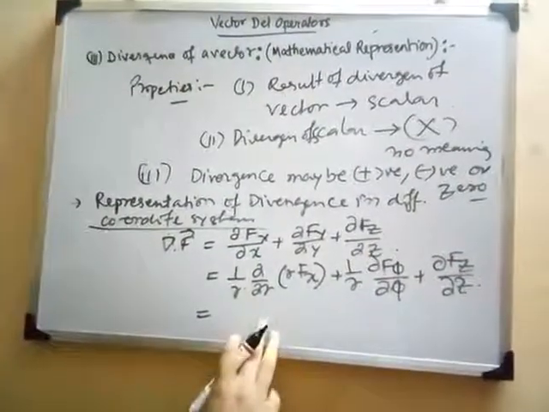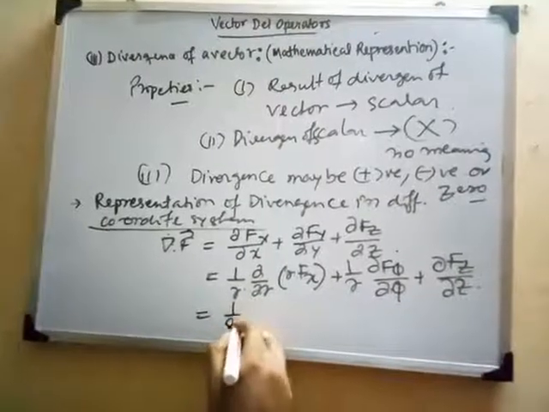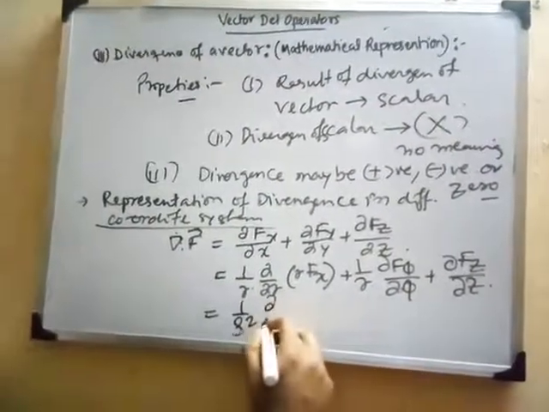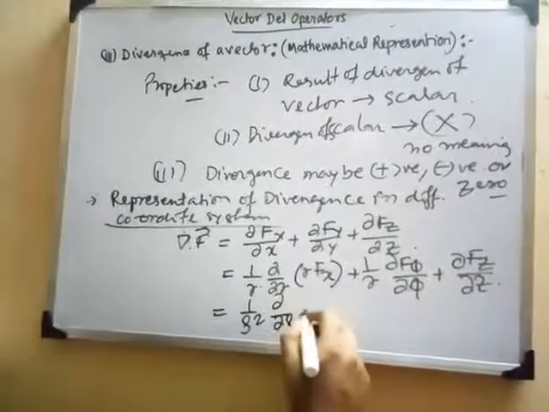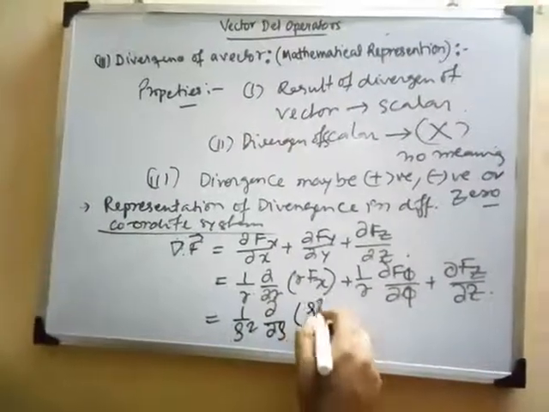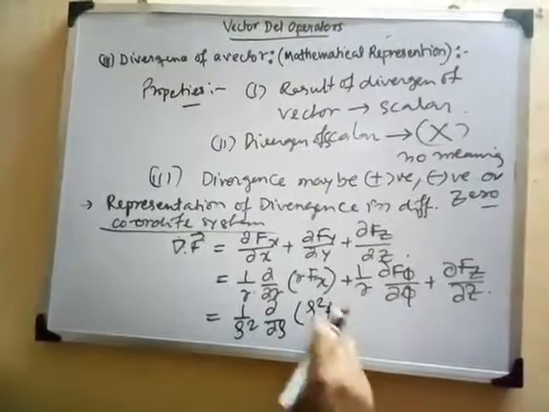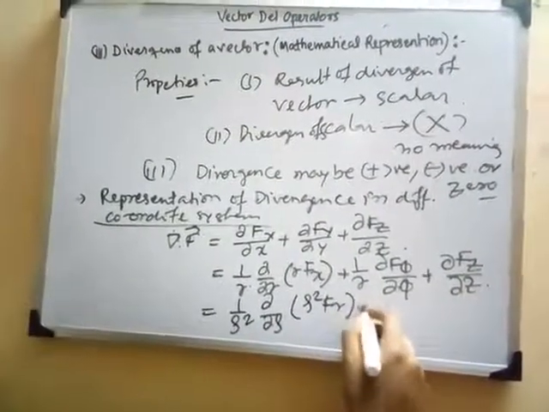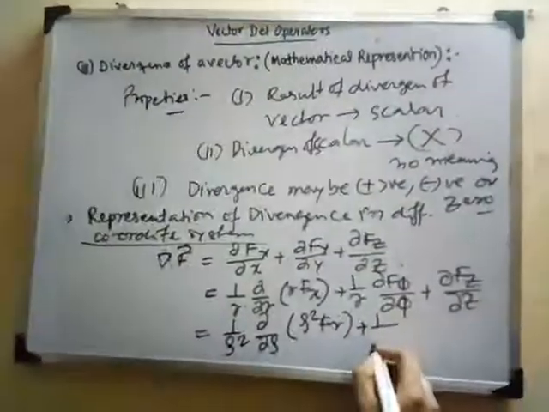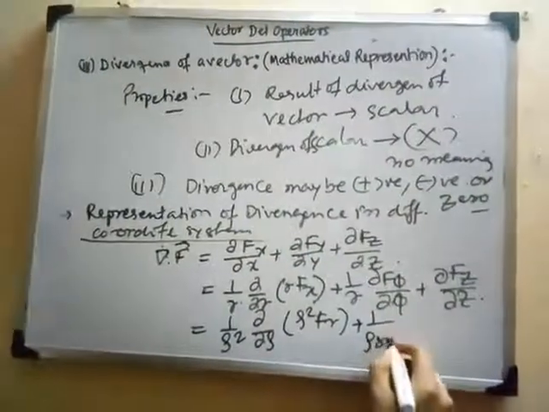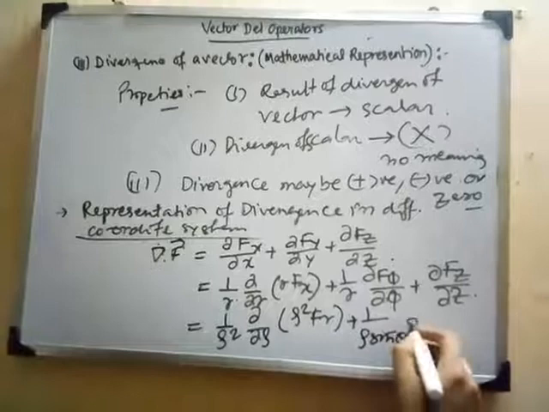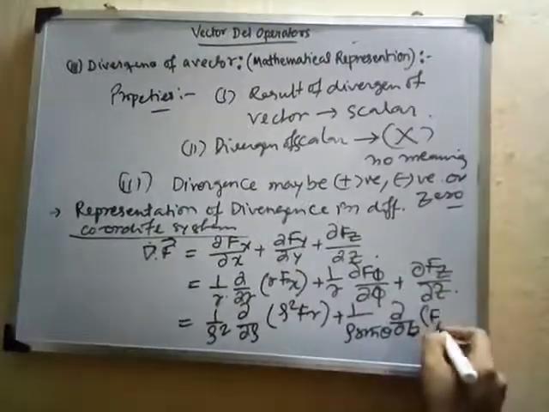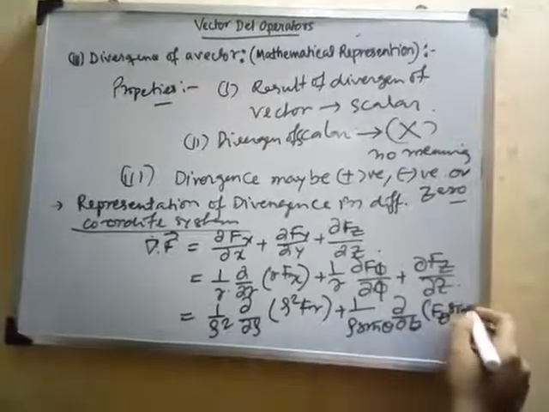And lastly, in the spherical coordinate system, we can represent it by (1/ρ²) ∂(ρ² Fρ)/∂ρ plus (1/(ρ sinθ)) ∂(Fθ sinθ)/∂θ, plus the φ term.